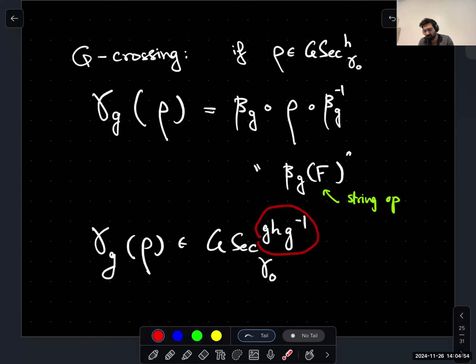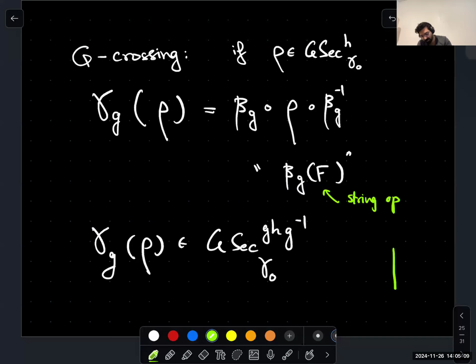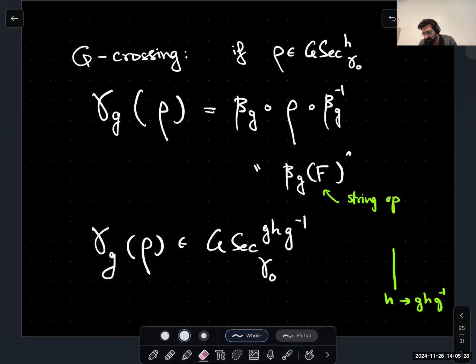You have a conjugation by some group element G, so this new object is going to be somewhere else, which is totally consistent with our usual idea of what a symmetry defect should be. Let's say there's an H defect, and I act on it with a symmetry everywhere, then that H defect will go into a G H G inverse defect. So good. We have the proper G crossing. Very good.